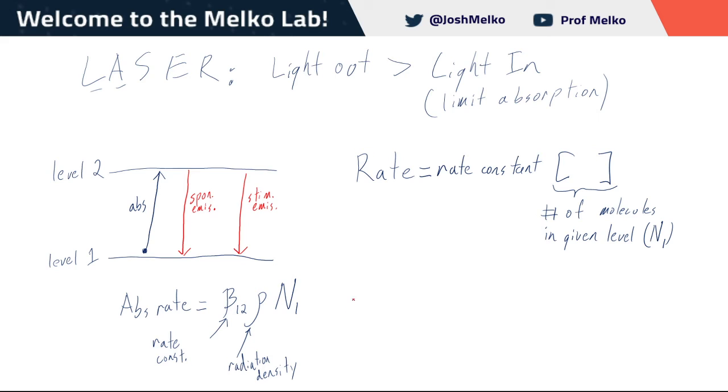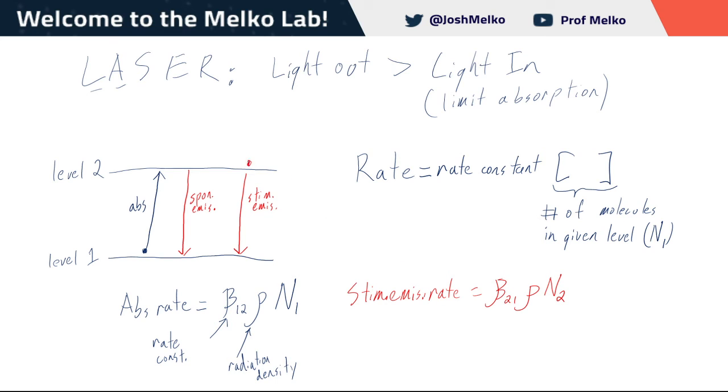My stimulated emission rate is going to look somewhat similar. Beta from 2 to 1 times a radiation density. But here the number I need is N2, right?